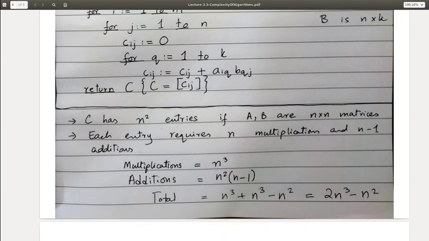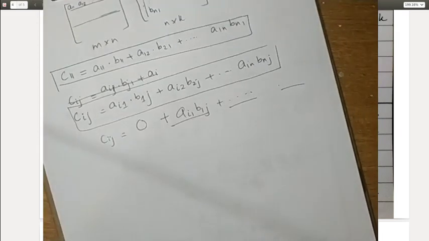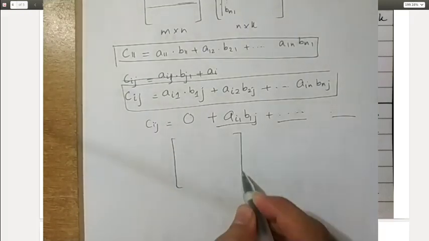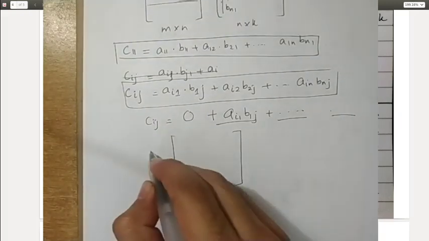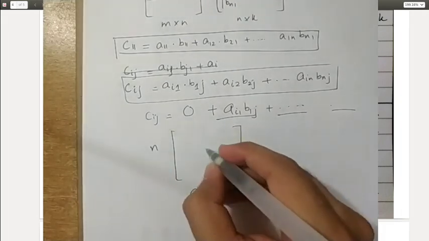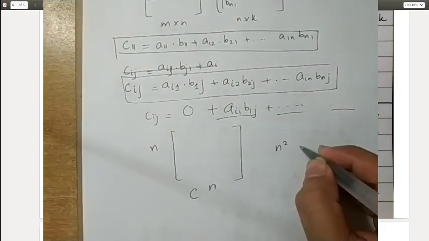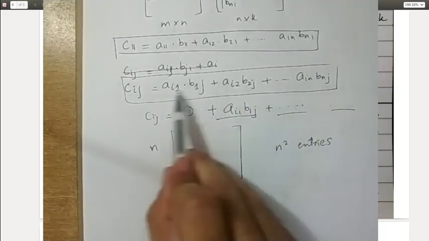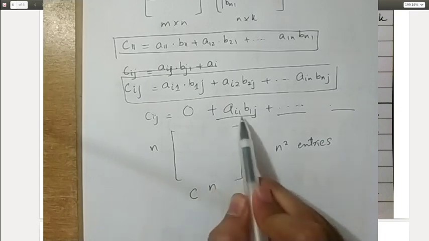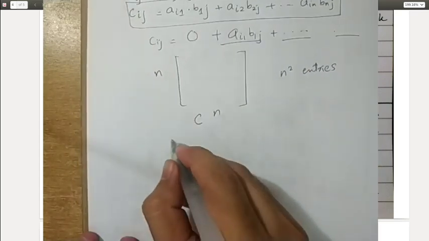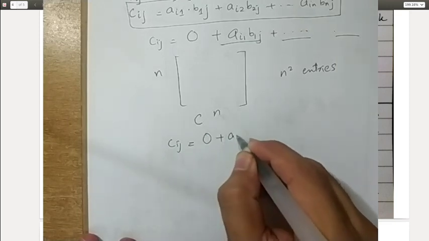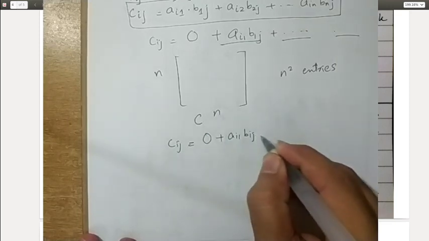So the way this will work for a matrix of size n by n is that if you've managed to make C, which is n by n, notice there are n square entries, and for each entry you are doing this process. So Cij is made by doing 0 plus ai1 b1j plus so on.